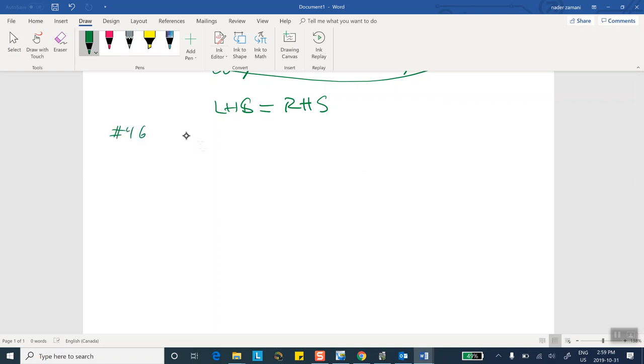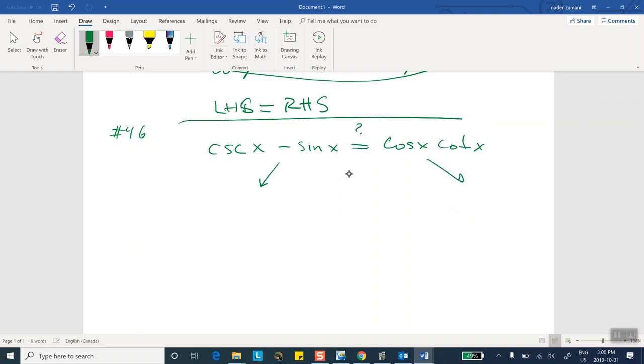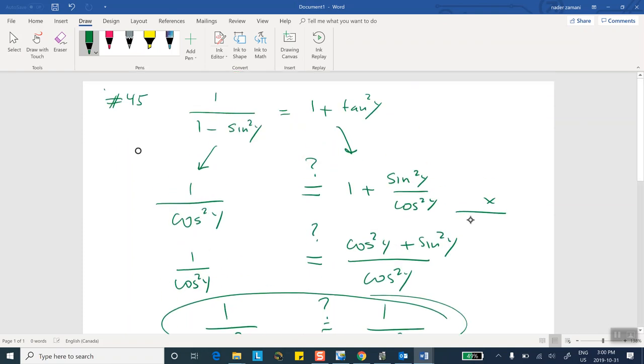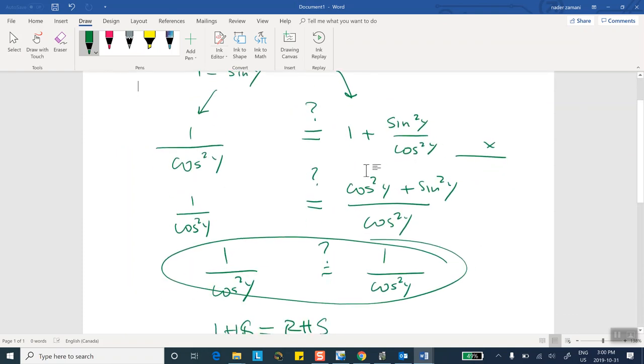And it goes like this: prove or show cosecant of x minus sine of x equals cosine of x cotangent of x. Once again, I'm going to go simultaneously. 1 over sine x minus sine x, is it equal to cosine x over sine x?